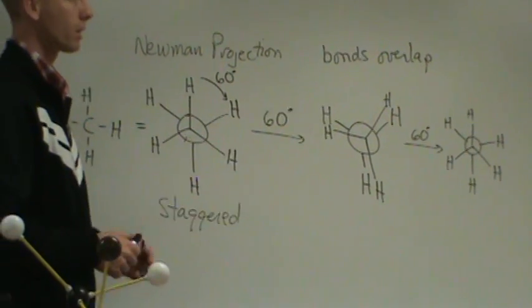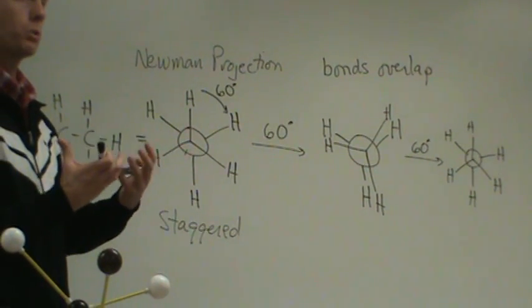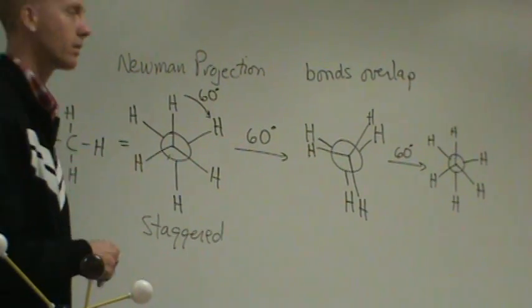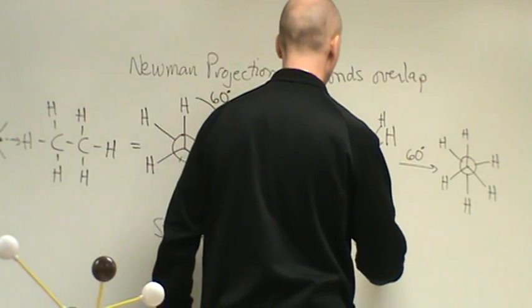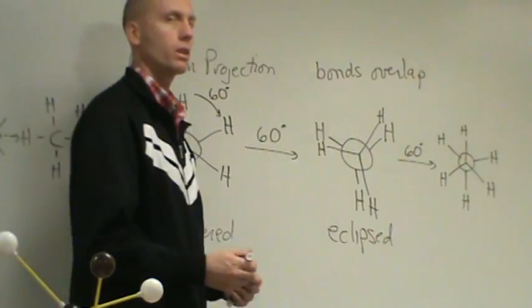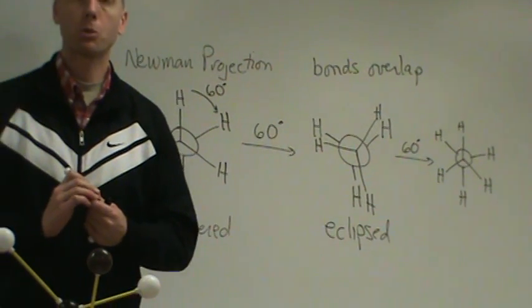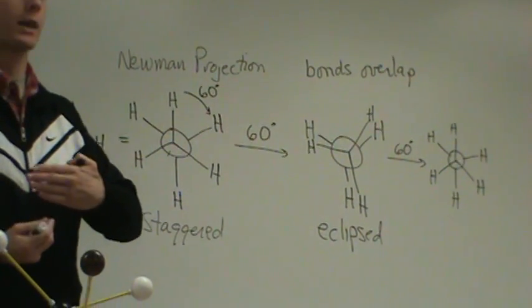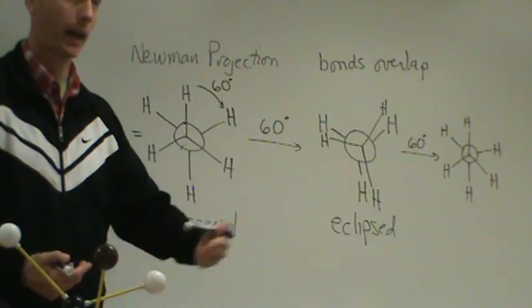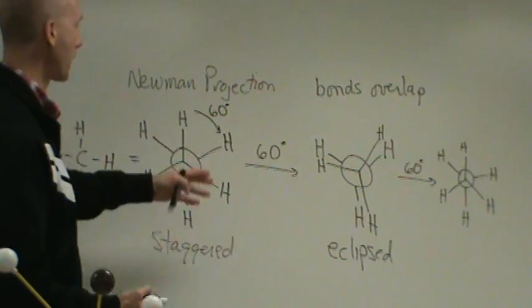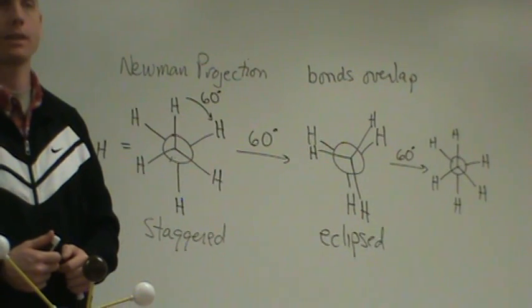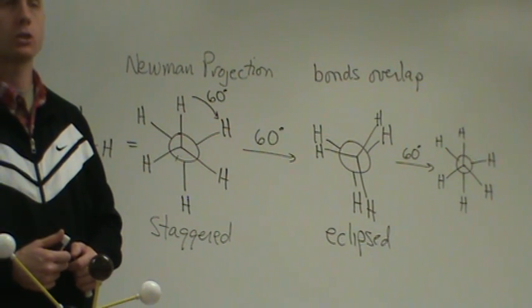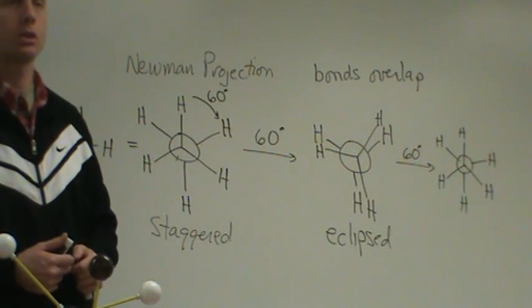And here, like when the moon eclipses the sun, this is called eclipsed. So when we do Newman projections, we're always going between what? Staggered and eclipsed. Staggered and eclipsed. Because that's what you get for every 60 degrees. So any questions on that? I think that's pretty straightforward there.